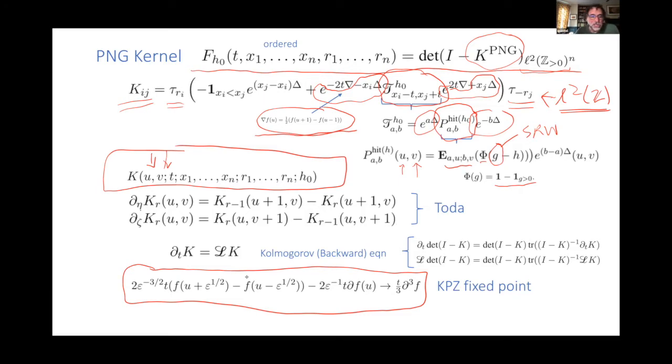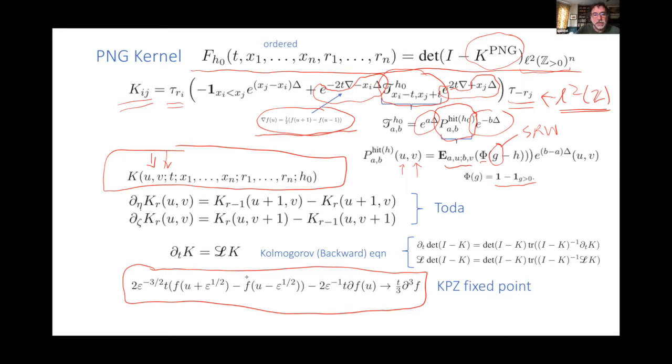So the Toda equations actually come from d eta and d zeta. Remember what d eta and d zeta are? They're just dt plus dx and dt minus dx. And dx means dx1 plus dx2 plus dxn.